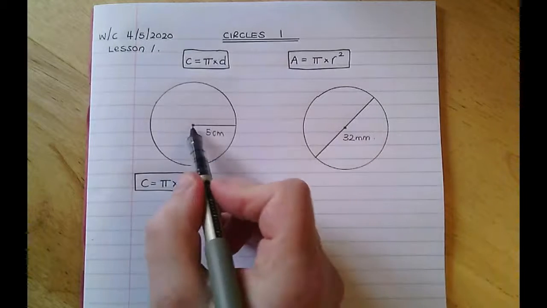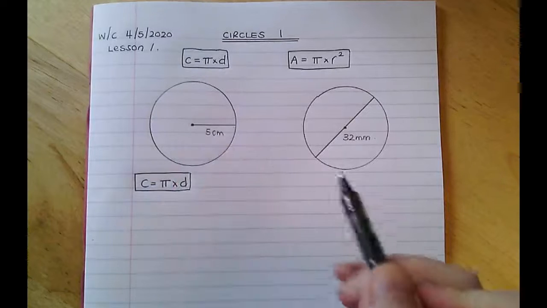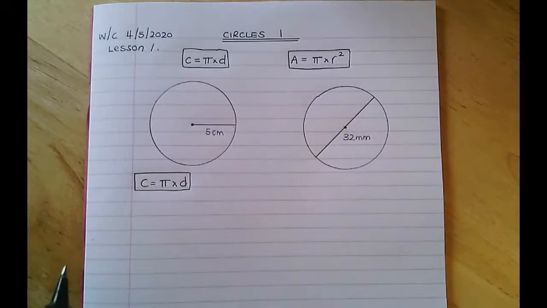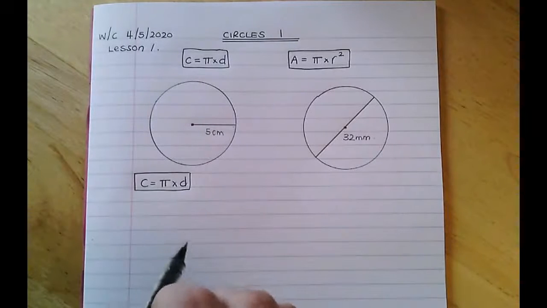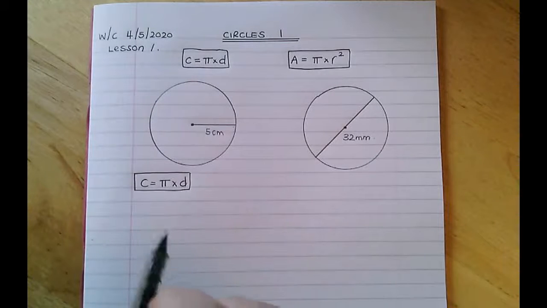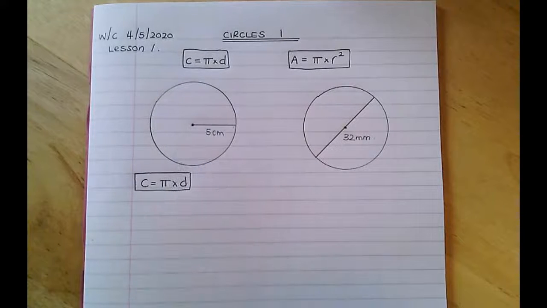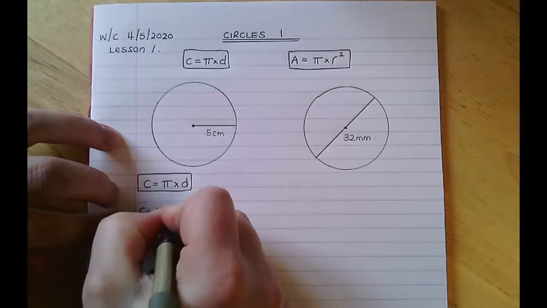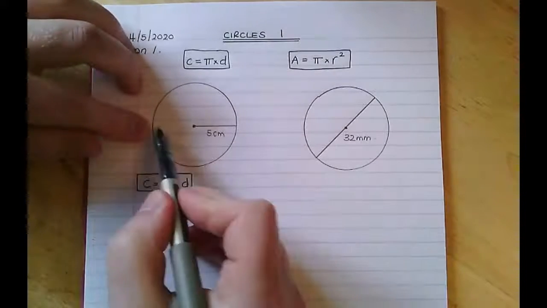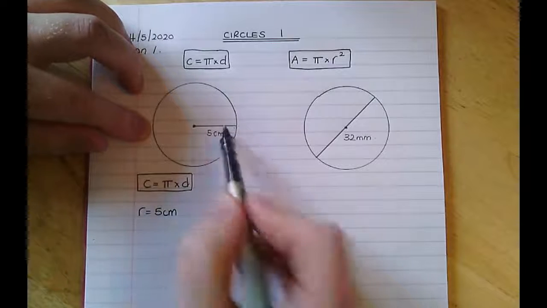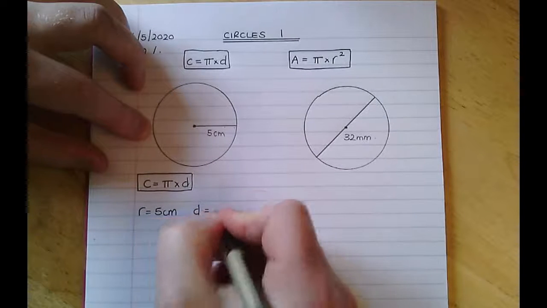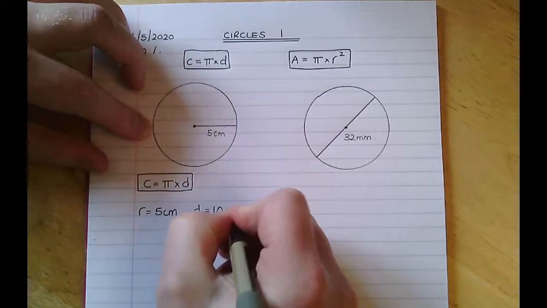Now because we're told this line here is 5 centimeters, it goes from the centre of the circle to a point on the circumference, in other words the outside, so that is our radius. So if our radius is 5 centimeters, we should know that the diameter all the way across is twice the length of that radius. So therefore the diameter is 10 centimeters.